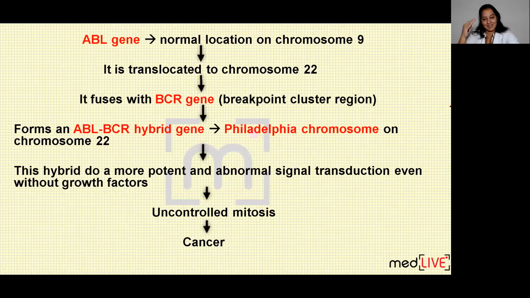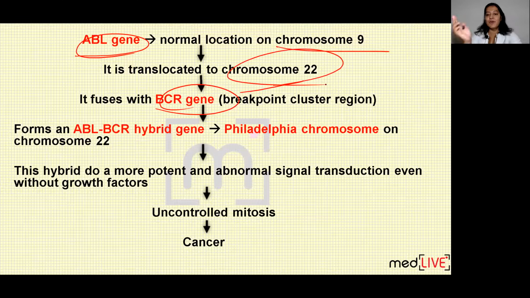So this is how you can write. Normally ABL was present on chromosome 9, and BCR was present on chromosome 22. Now ABL goes from chromosome 9 to chromosome 22 in translocation.